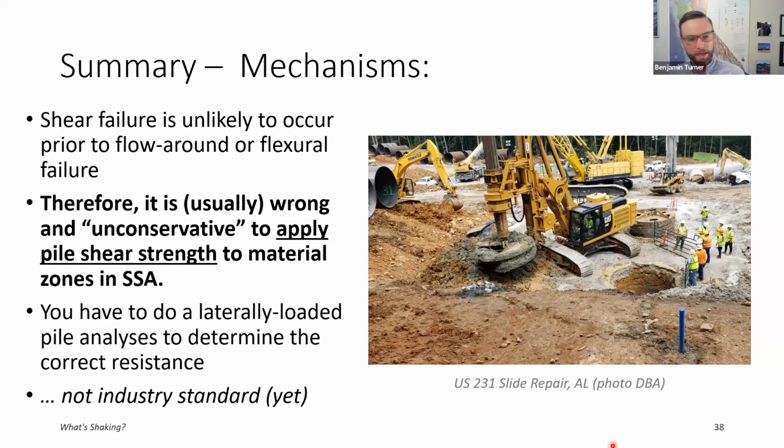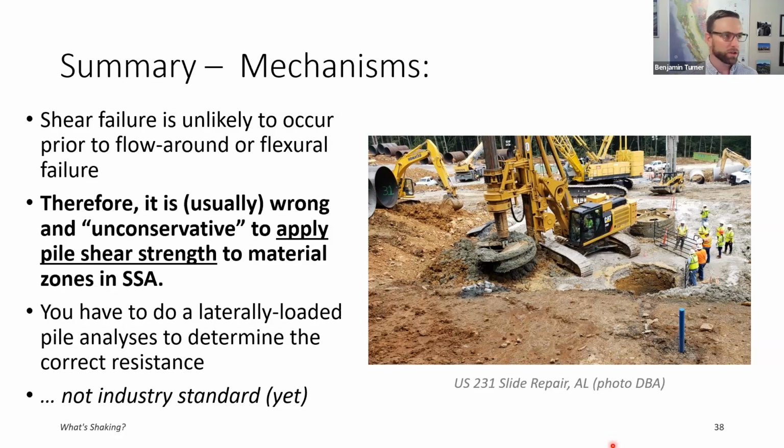Okay, so to summarize, for the general case before we jump into seismic, shear failure is unlikely to occur prior to one of these other failure mechanisms, particularly a flexural failure if it is going to be structurally controlled, or a flow around failure where the ground just keeps going and the pile has not failed. And therefore, it's usually wrong to upfront just assign the structural shear strength as the resisting force in a slope stability analysis.